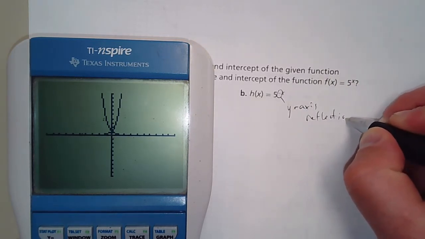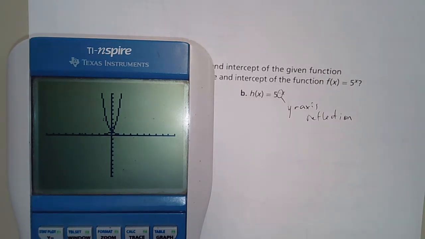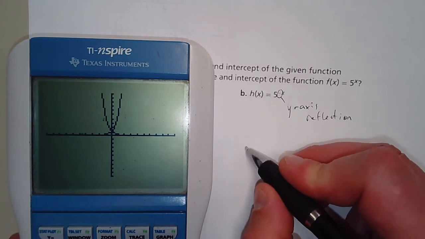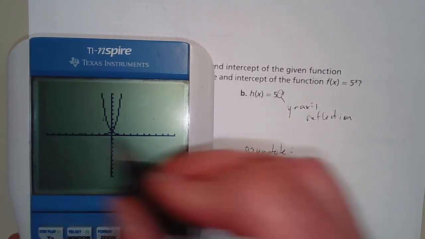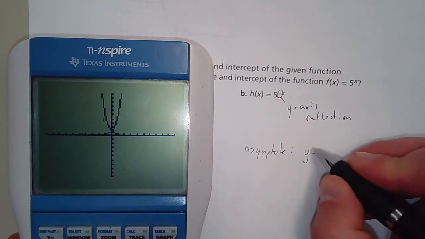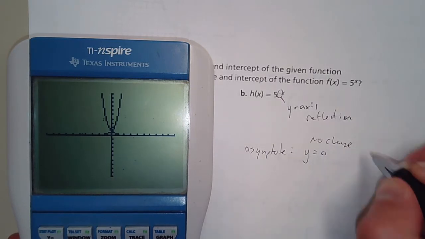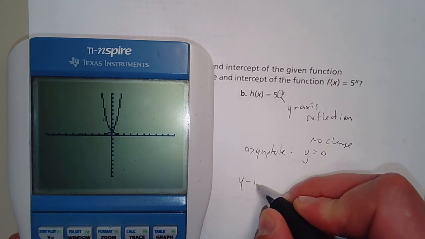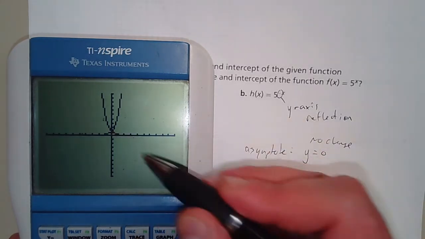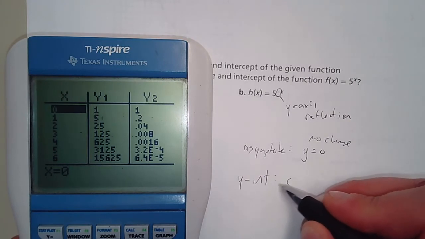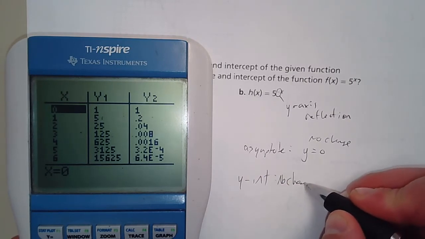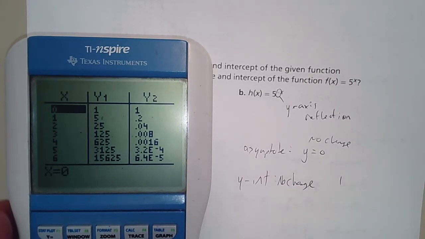We saw this like week 1 of this class, and it really hasn't come up much because it really hasn't applied to anything we've been doing. But it is a thing. So again, talking asymptotes, no change, still y equals 0. And then talking the y-intercept, crossed at 1, looks like it still crosses at 1. We can verify it here. Yep, still no change. So it's just 1.